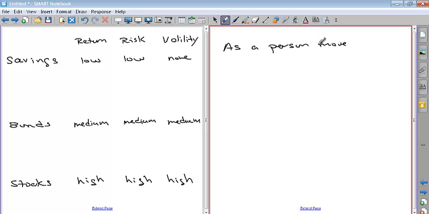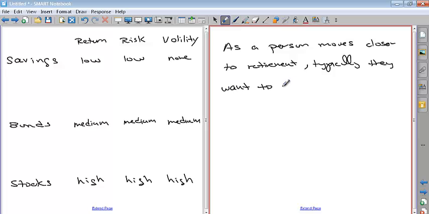So here's one thing I'm going to say: as a person moves closer to retirement, typically they want to reduce their risk and volatility because they're going to need the money in the shorter term.